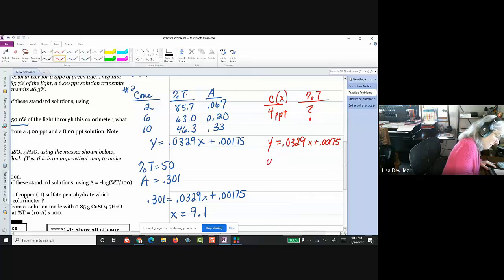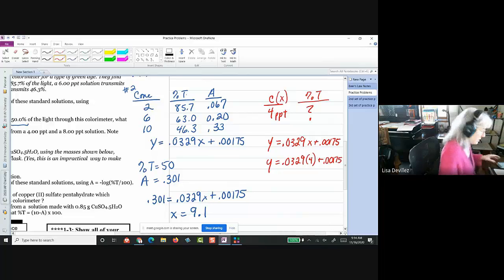So y equals 0.0329 times 4 plus 0.00175, and I get y equals 0.133, which is our absorbance.